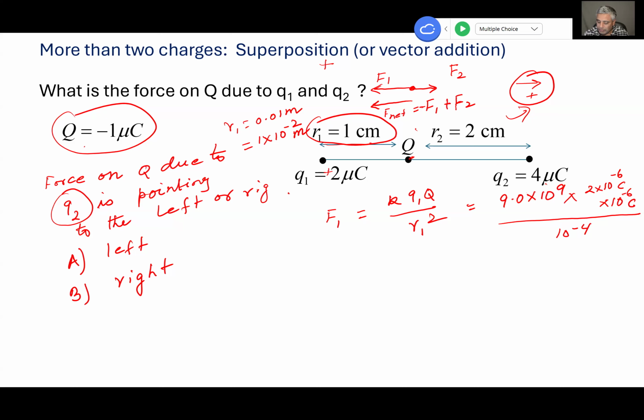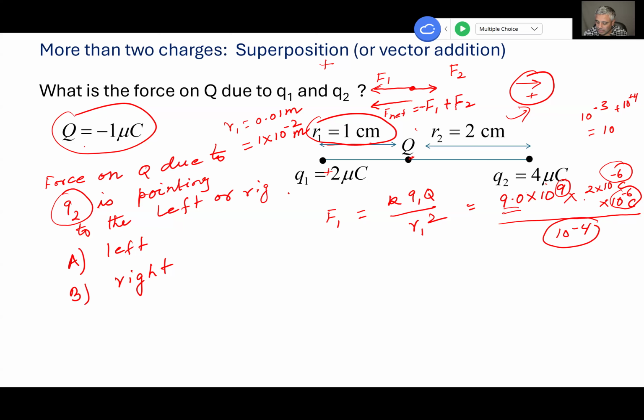Now you can combine these. The negative 6 is going to be negative 12, but there is positive 9, so that means this is going to be negative 3. And this negative 4, when it goes to the top, becomes 10 to the power positive 4. So basically all the exponents give you a factor of 10.